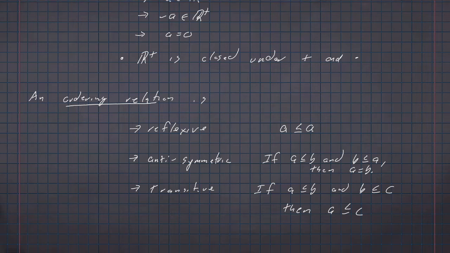They are useful tools in working with inequality. These are things that have probably come up in algebra coursework for you in the past, but we're flipping the story and we're taking these as the definition of an ordering relation and trying to use that ordering relation to define inequality.